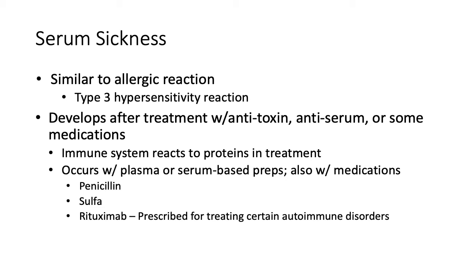The antigens involved in serum sickness are proteins from non-human sources, usually animals. The immune system recognizes these proteins as being foreign and responds by destroying them. Immune complexes form as a result of the immune response. These complexes can clump together and settle in small blood vessels, which then leads to the associated symptoms.